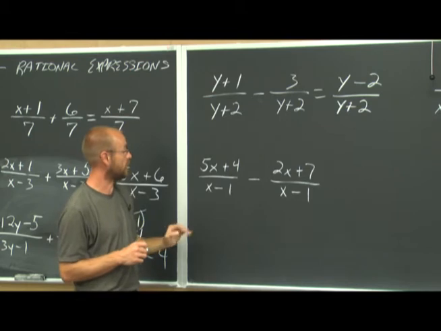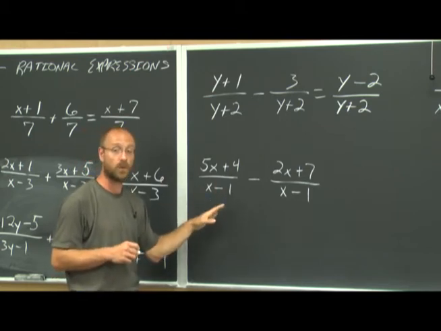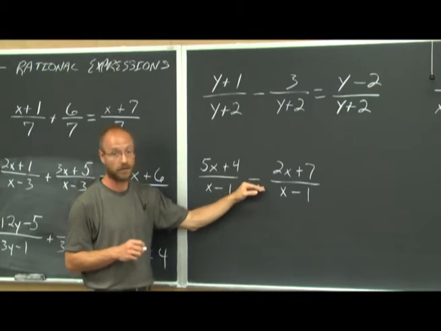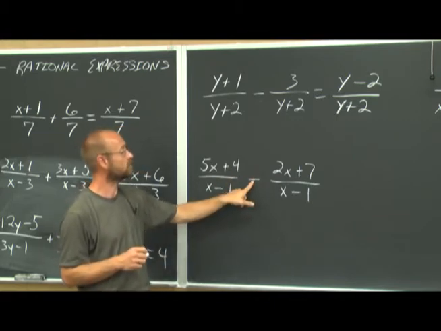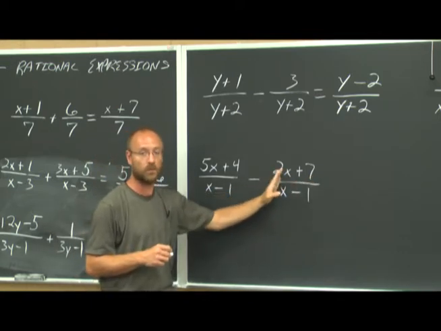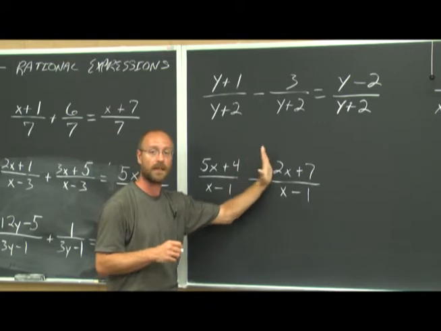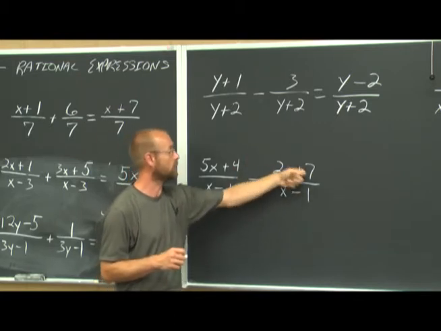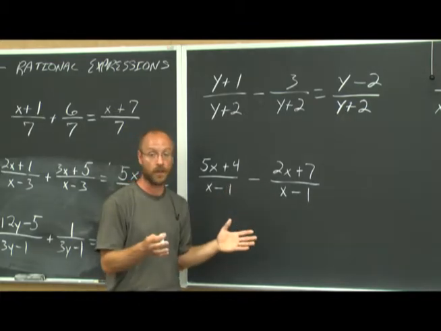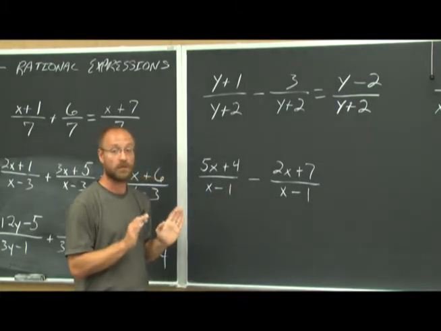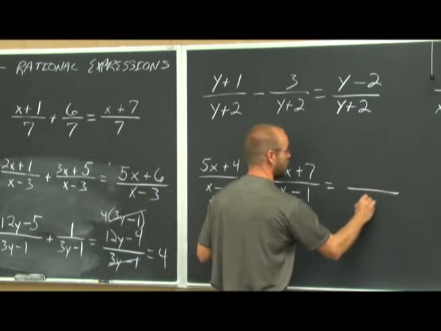If we look at this next example, be very careful with the sign. There's 2 ways to approach a problem like subtraction of this nature. And one thing is we can distribute this negative through the numerator because it says minus whatever that numerator is, minus that quantity. We could distribute that and change the sign to addition. So a little bit of sign changes. The other way to think about it is just take it one piece at a time. We've identified that they have the same denominator.